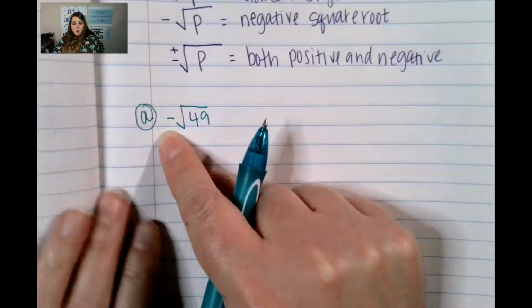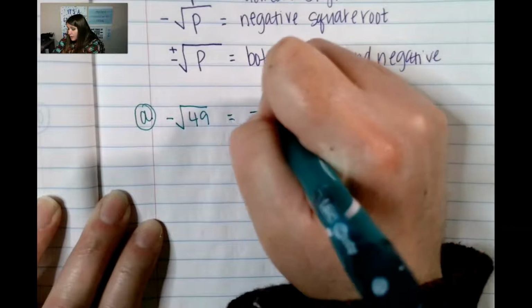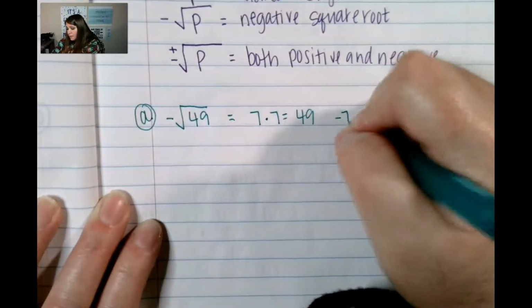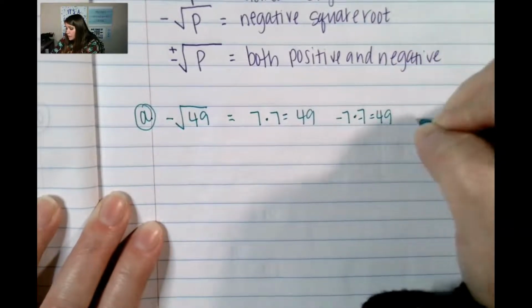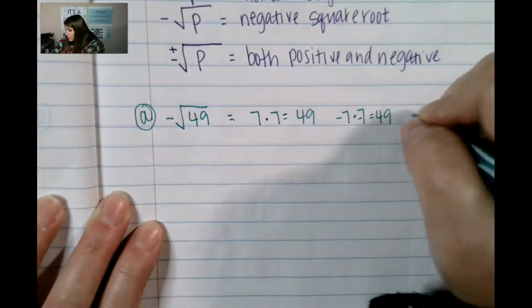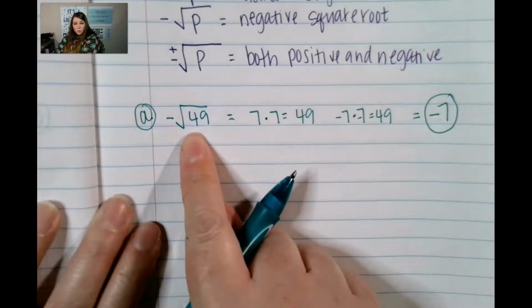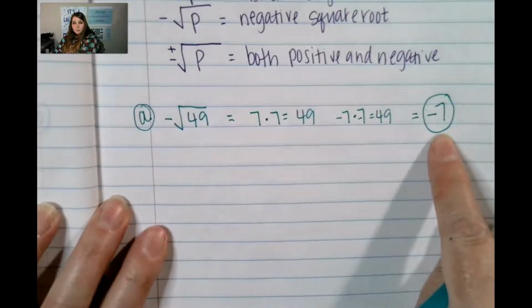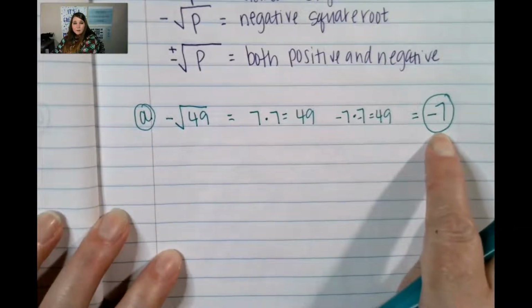So I want only the negative one. I know that 7 times 7 equals 49, but I also know that negative 7 times negative 7 equals 49. So a negative square root means that my answer is going to be negative 7. So the negative square root of 49 is negative 7. The square root is just one number, and it is the negative 7.